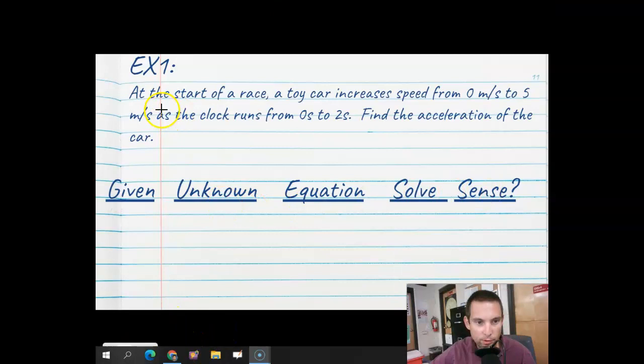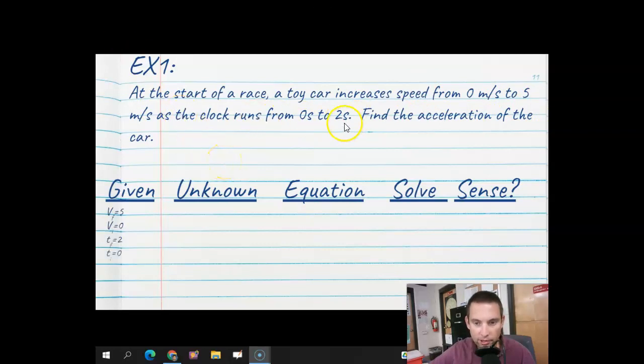Alright, the first part: at the start of the race, a toy car increases from 0 to 5 meters per second. So we have this 5 meters per second here. That is our ending speed, or the final velocity. The starting velocity or starting speed is 0 meters per second as the clock runs from 0 to 2 seconds.